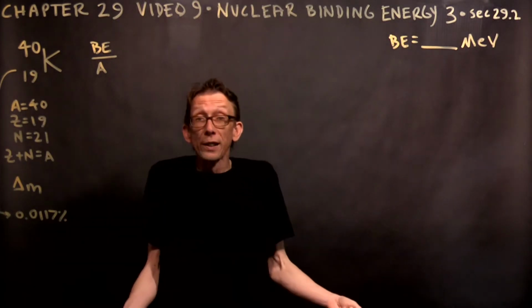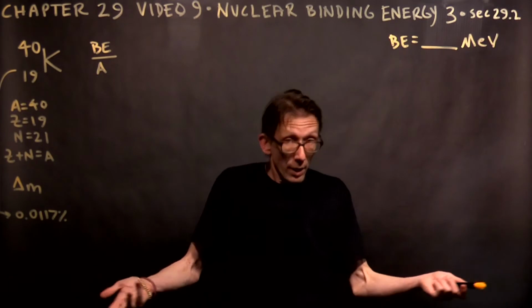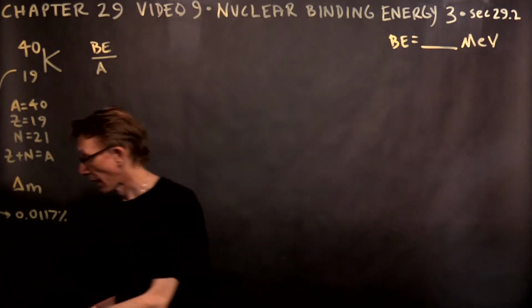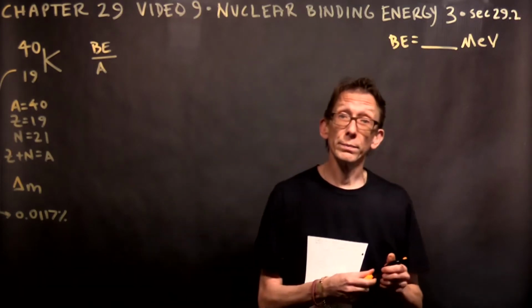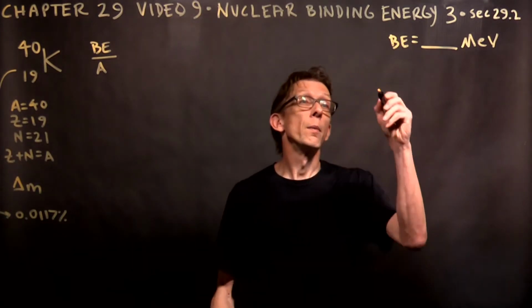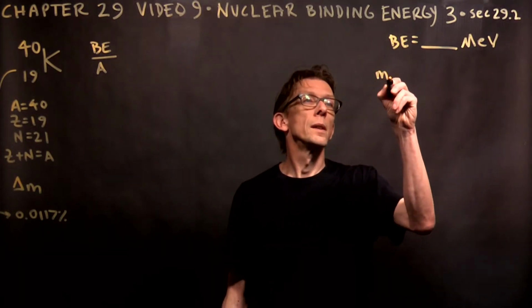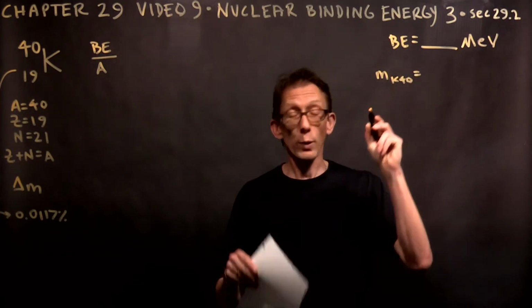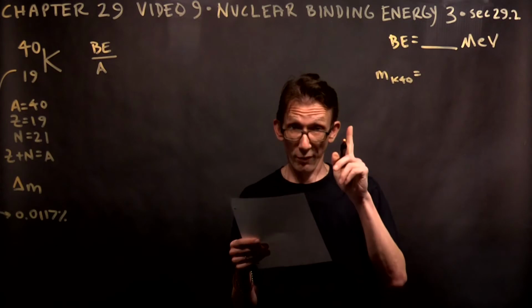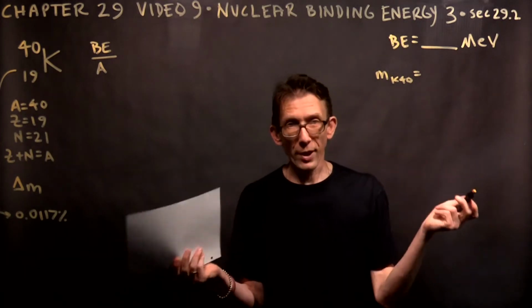First thing we do is we look up, or we'd be given, if you want to think of it that way, the mass of potassium 40. The mass of potassium 40 equals, and I quote from Wikipedia no less, and Wikipedia is pretty good for this sort of thing.